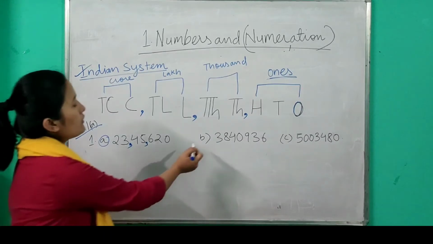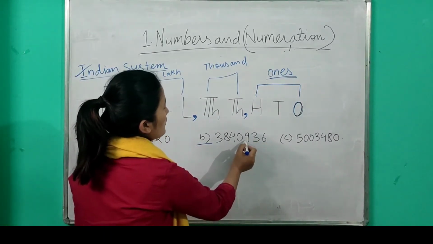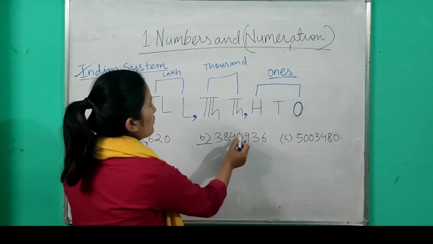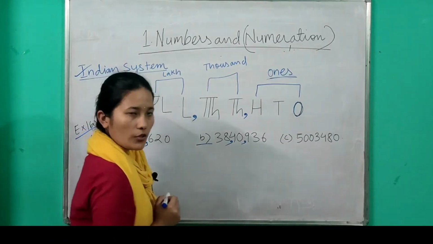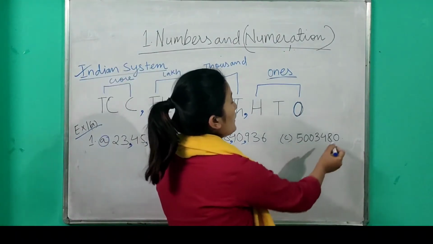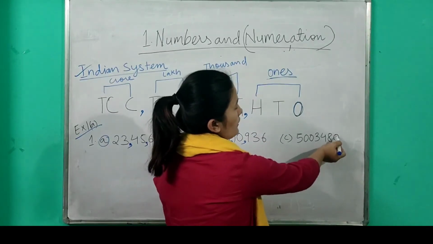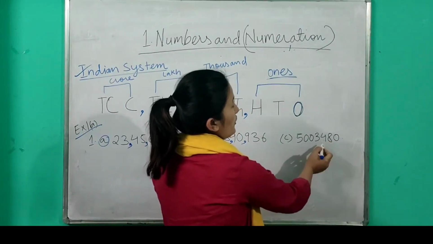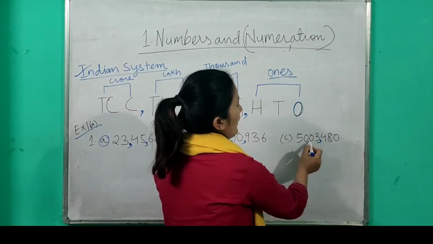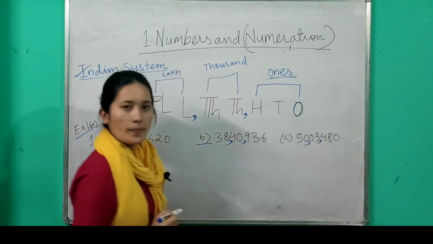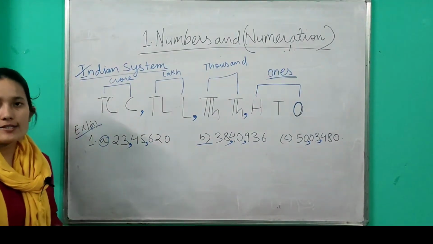Similarly with question B: ones, tens, 100, 1000. Here you will have 1 comma after 1000, 10,000, and at the lakh you will have 1. Now question C, similarly: start with ones, tens, 100. Here you have the thousands place, so a comma here, 1000, 10,000, and then again at lakh you get 1 comma. So that's how you put commas according to the Indian system.